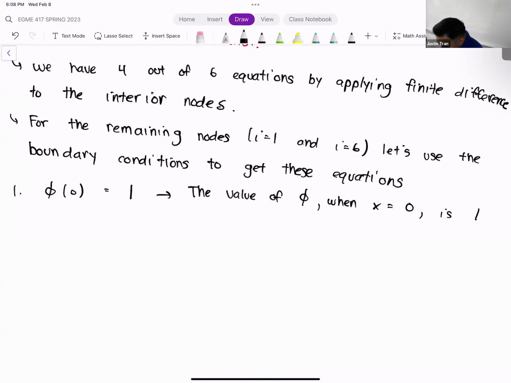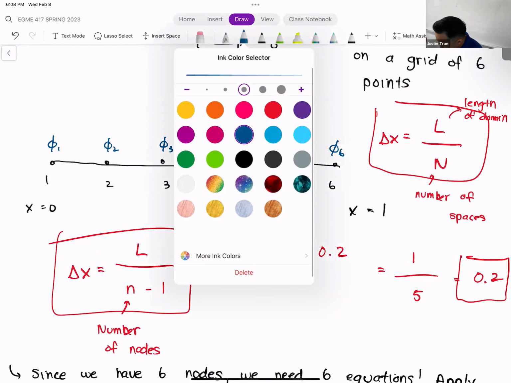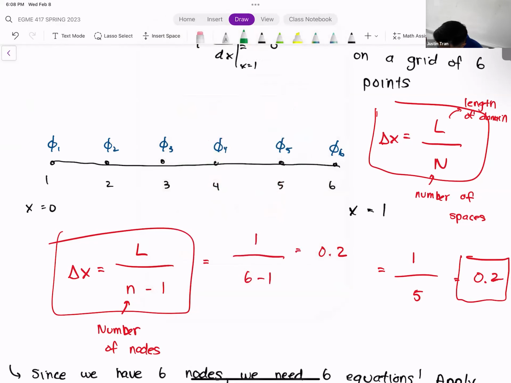All right, how can we encapsulate this into a boundary condition? So let's go back to our domain. And so here's our domain here. Let me write in the phi values, and then just for clarity, let me write in all the x values as well.